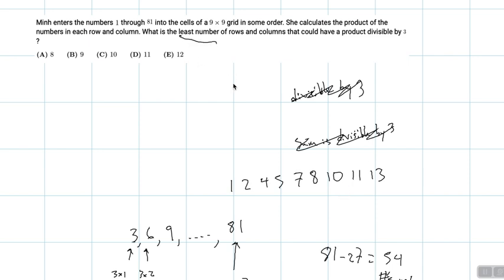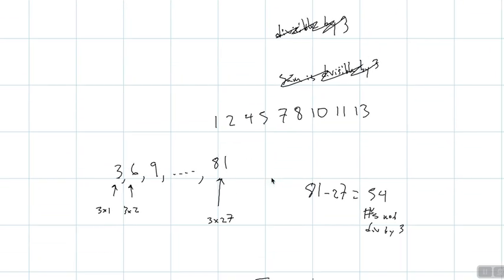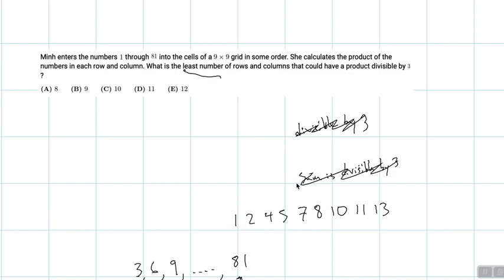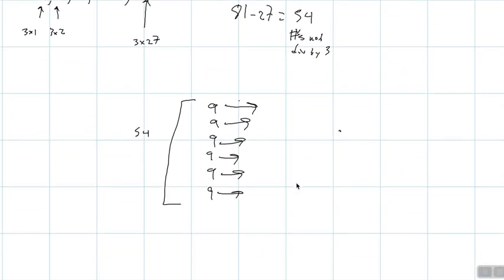So if 6 rows are not divisible by 3, and this is a 9 by 9 grid, that implies that 3 rows are.